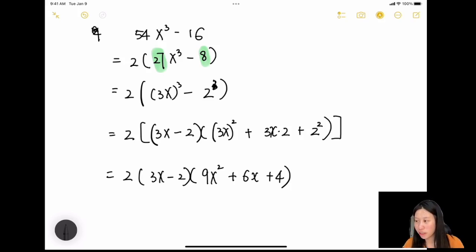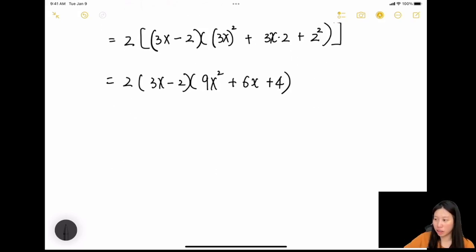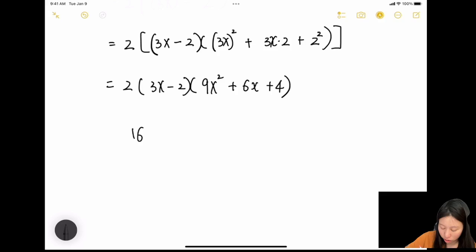Let's have another example. I like this one: 16a squared minus 9b squared. Okay, difference of squares. This one you can't factor a common factor because 16 and 9 are relatively prime to each other.